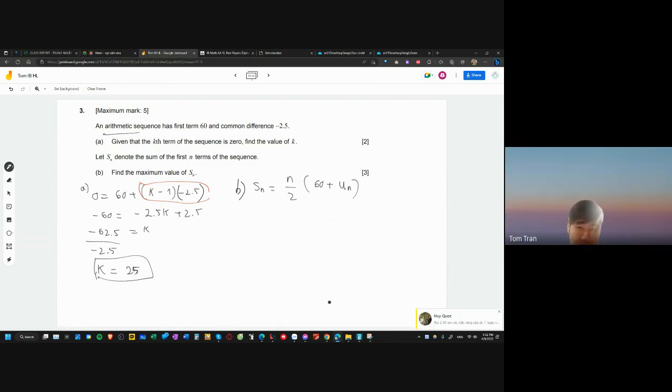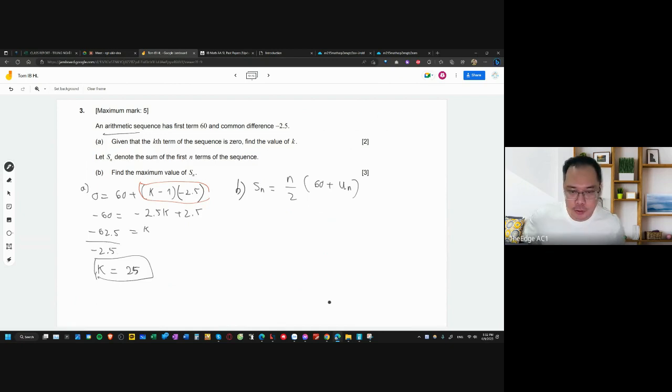So for this, do I have to simplify this further, or can I just plug it straight into the calculator? No. You need to write the expression for un as 60 plus n minus 1 times the common difference minus 2.5.